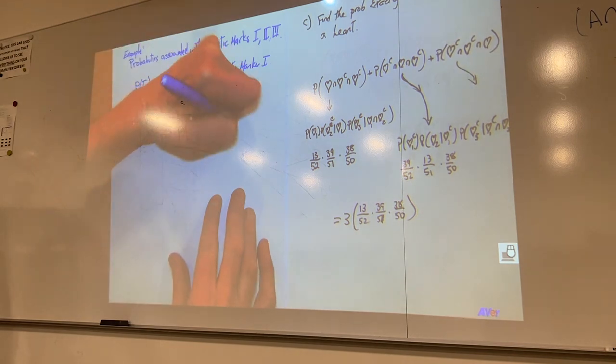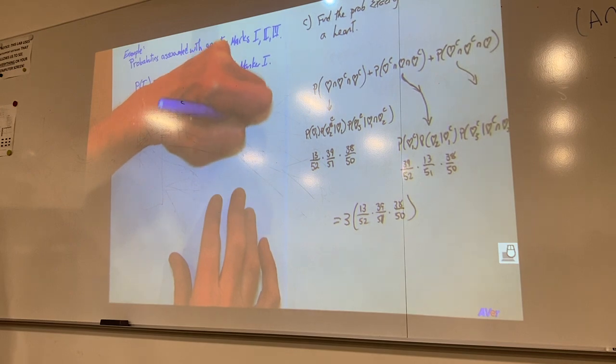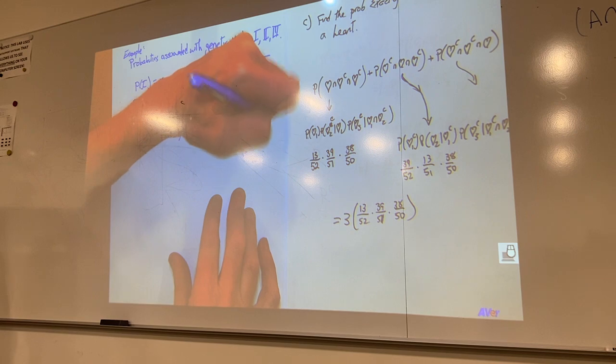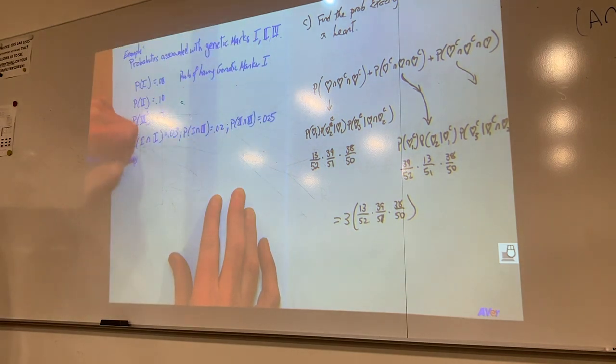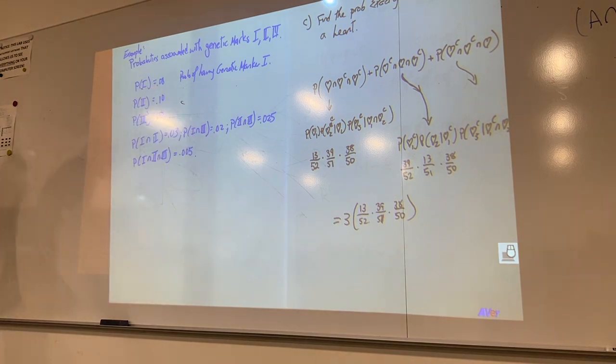The probability of having markers 2 and 3 is 0.025. And the probability of having all 3 markers is 0.005.